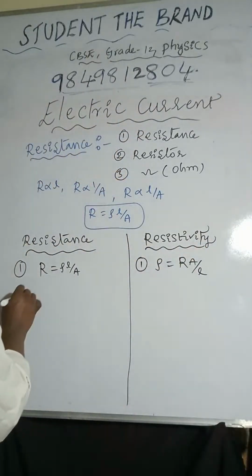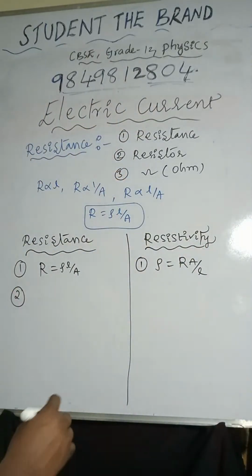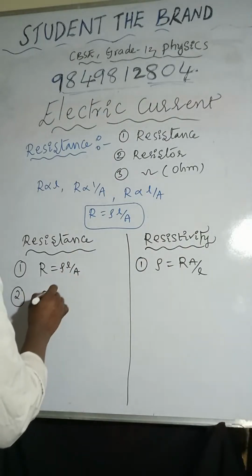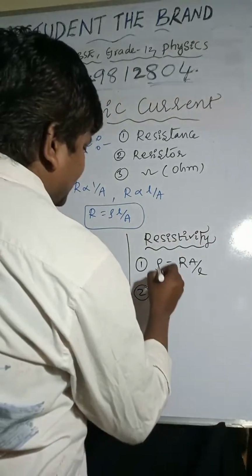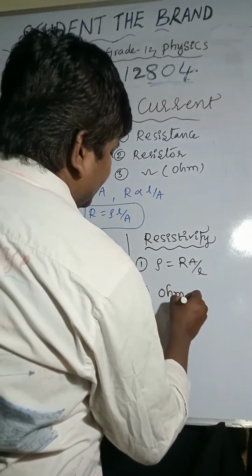And coming to the second one, the SI unit of resistance is ohm. The SI unit of resistivity is ohm meter.